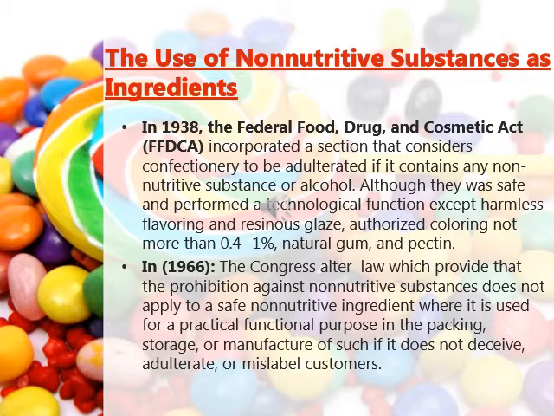But in 1966, Congress enacted a law which provides that the prohibition against non-nutritive substances doesn't apply to a safe non-nutritive ingredient, which is used for a particular functional purpose in the baking, storage, or manufacture, if it doesn't deceive or adulterate customers.